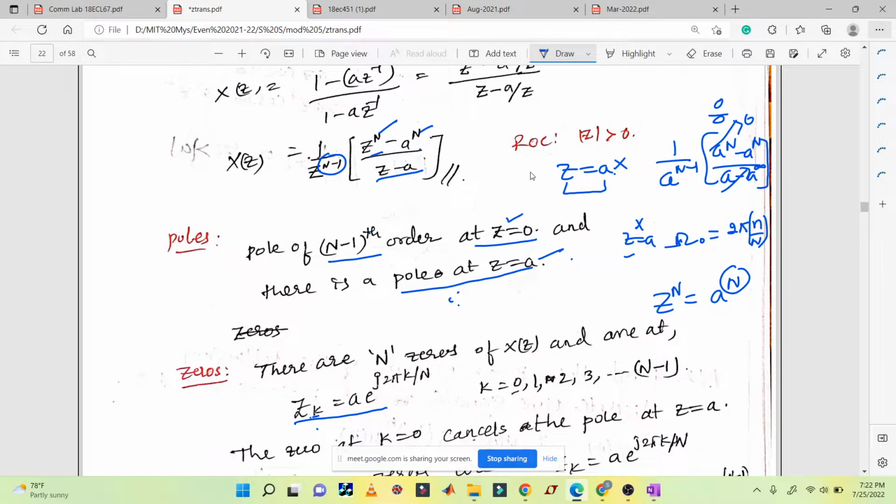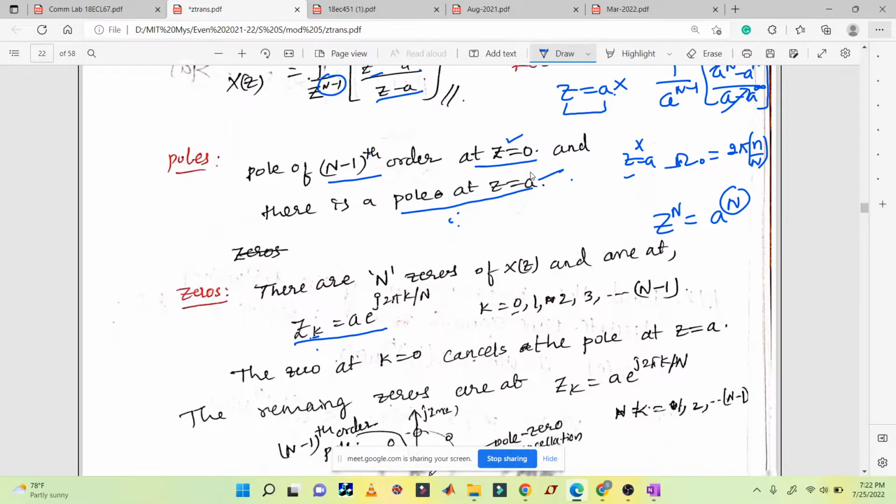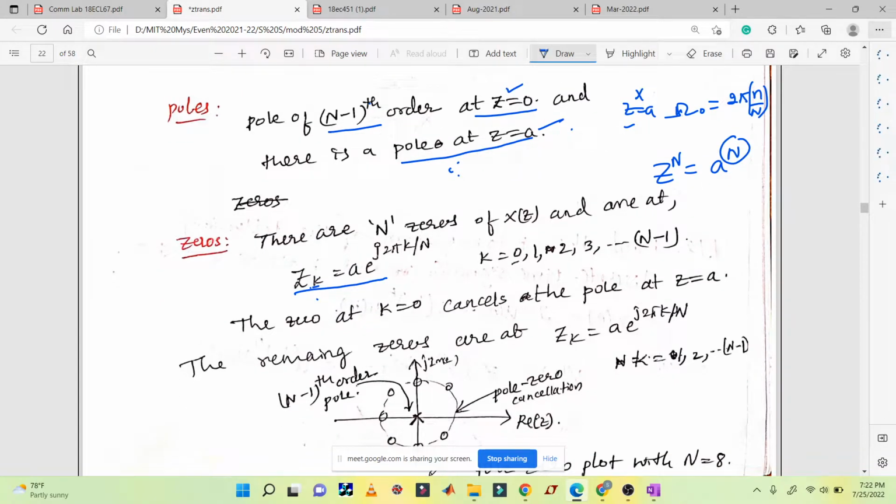Apart from that, all the other zeros will be there, and they are given by the value k is equal to... we need to substitute k is equal to 0 to get the first zero. Okay, but it will become z of 0 is equal to a.